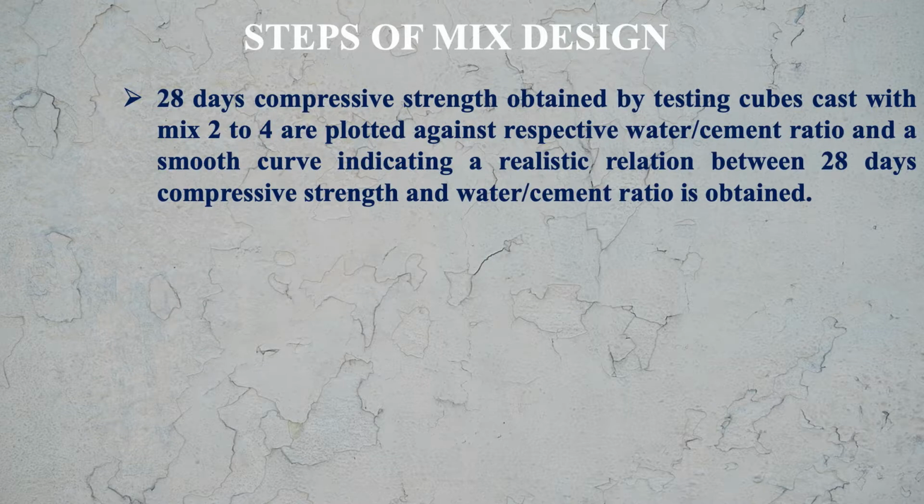28 days compressive strength obtained by testing cubes cast with mix 2 to 4, means these trial mixes 2, 3, 4 are plotted against respective water cement ratio and a smooth curve indicating a realistic relationship between 28 days compressive strength and water cement ratio is obtained.